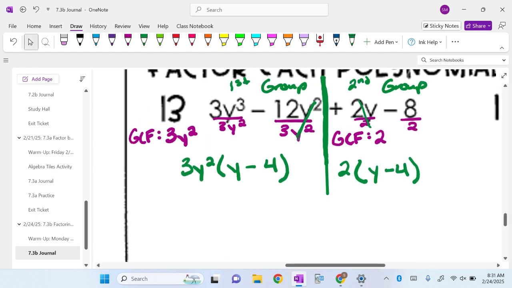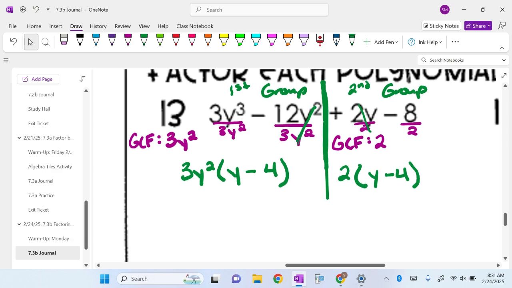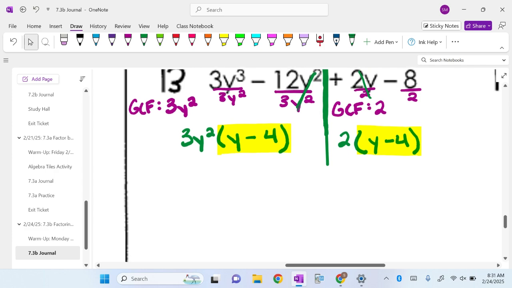All right. So now we got our two groups. Now we got to make sure that our two bubbles match. Do these two bubbles match? Yes or no? Yes. Since they do, we did this part correctly. Now we're going to do what we did with the previous examples. So we're going to bring them all together.